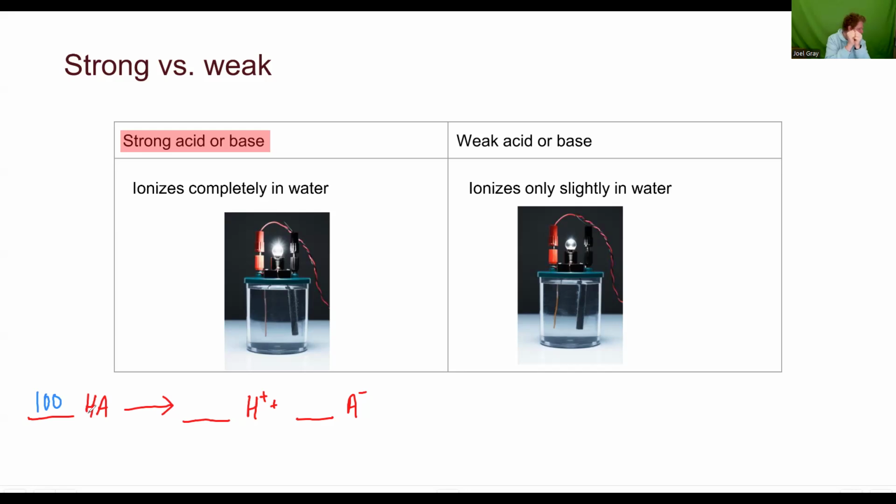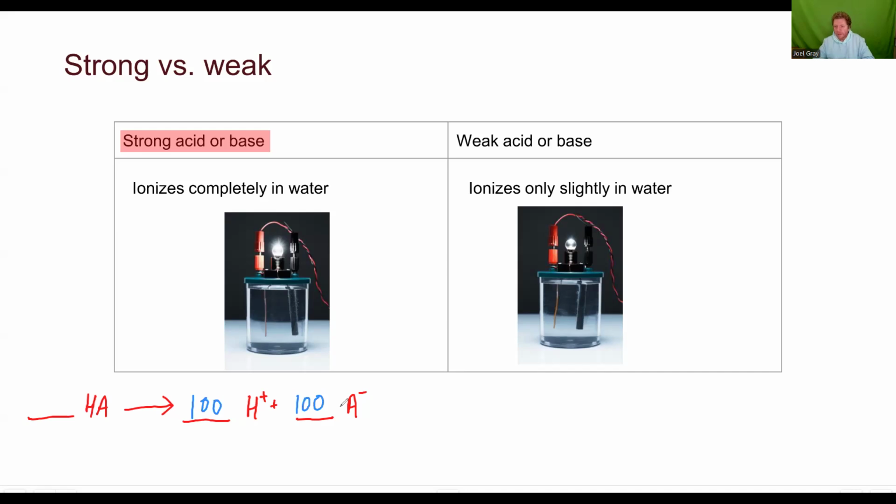Now, when they separate, this is H and this is A. How many H's and how many A's do I have when a strong acid is put into water? I'm going to erase this 100 because that's what I started with. 100, you're absolutely right. So I'm going to end up with 100 H pluses and 100 A minuses.